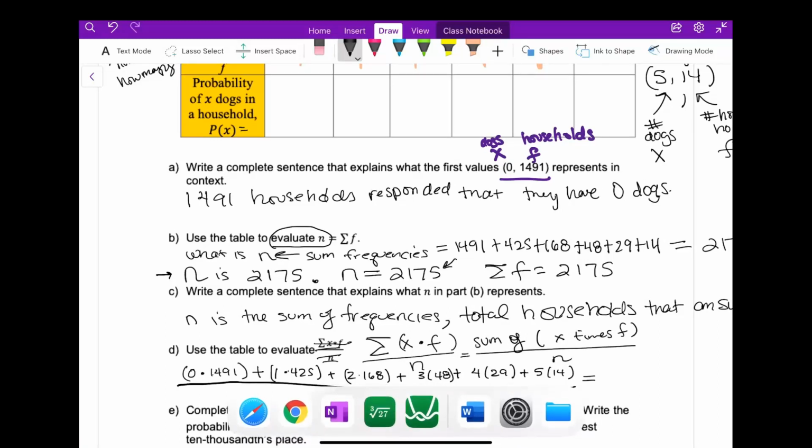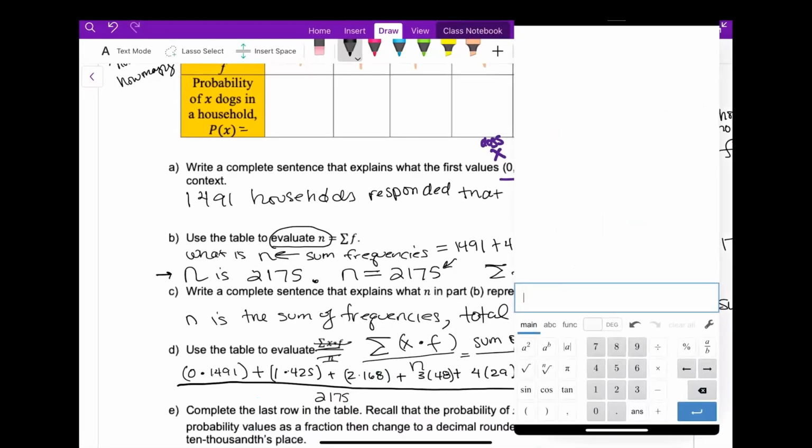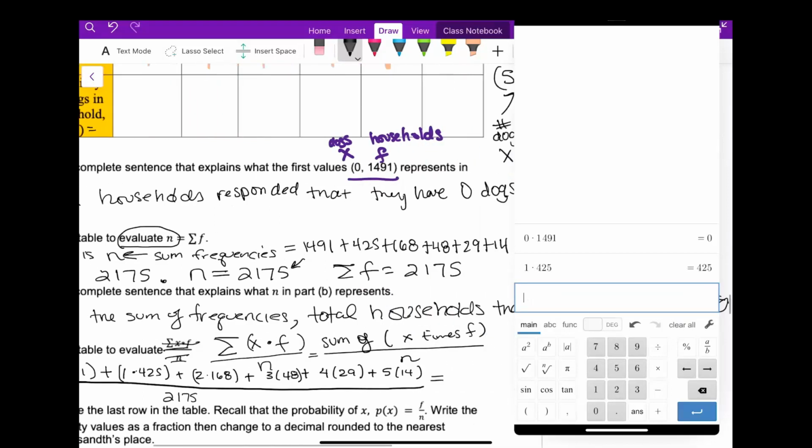Let's bring that up, and we're going to have 0 times 1,491. You should know that that should be 0, but we're taking care of everything on the calculator. And then 1 times 425, that should be 425.